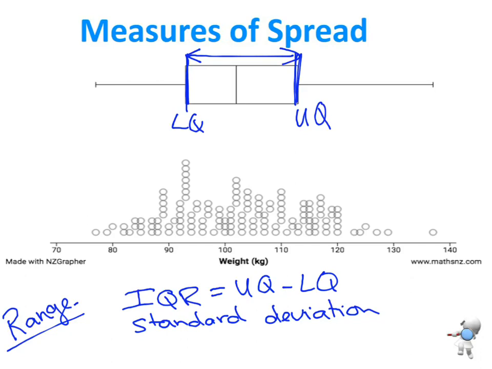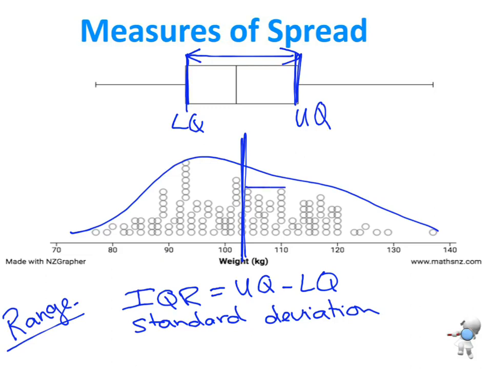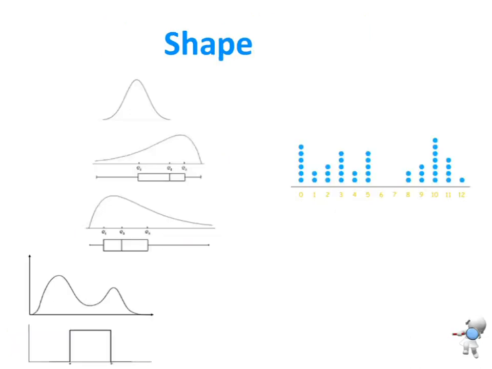Standard deviation is a slightly different measure. It's just another way of measuring the spread, but what it does is it fits our data over the top and says, right, the mean or the middle is about there, and it's looking at how much spread there is on either side from the centre. Okay, so those are the different measures of spread we need to be aware of.